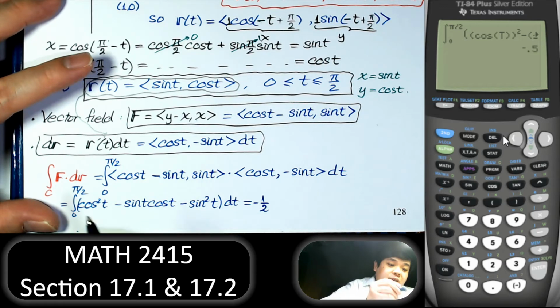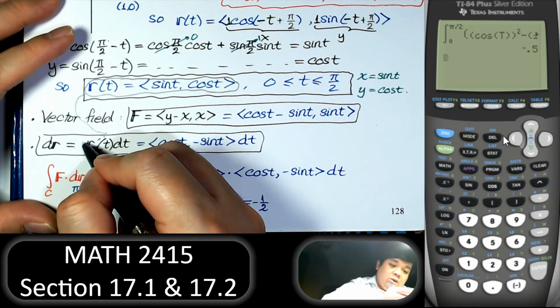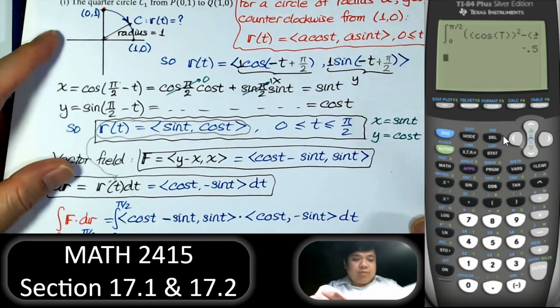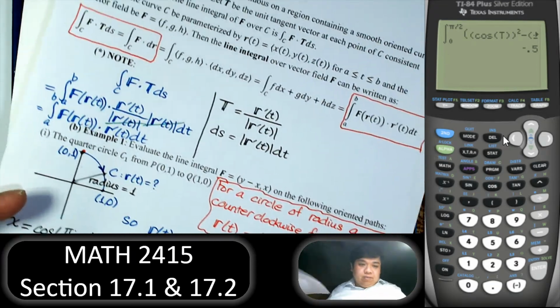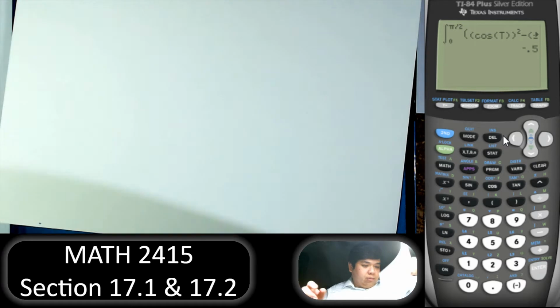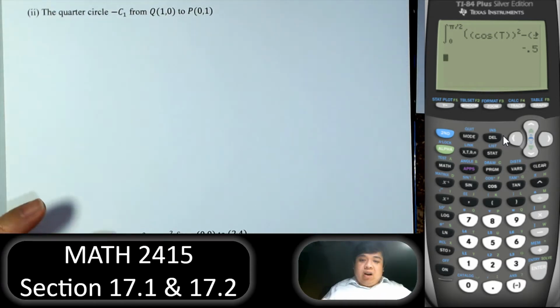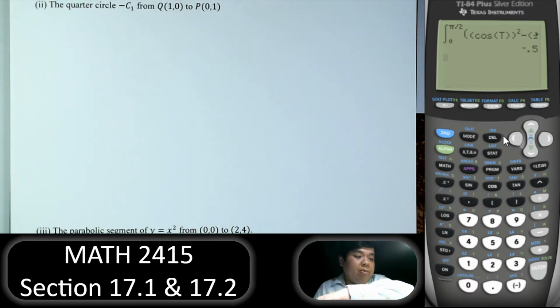The only difference between the two is one of them is just the derivative, the other one is the magnitude. That's all. Of course, the function and the vector field are different as well. So that's pretty much the concept. The rest of the section we just do more examples.